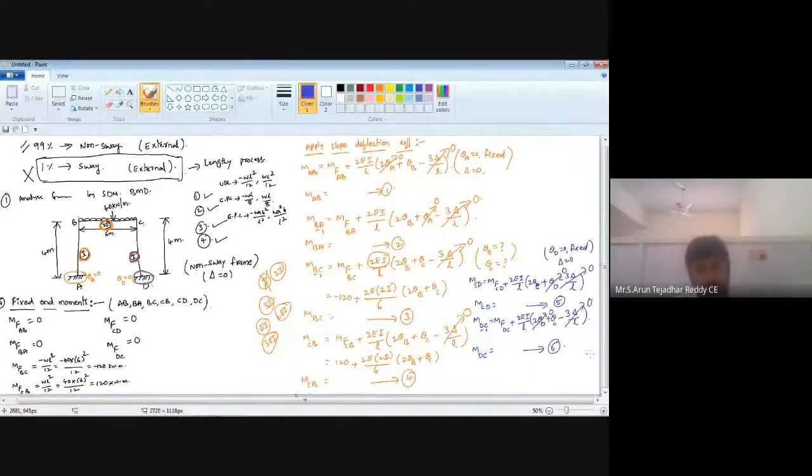That is your homework problem. All of you do it at home, okay? Very simple. Whatever values we got previously, just substitute here. That's it. Then you will get MAB first equation, MBA second equation, etc. Okay? Yes.